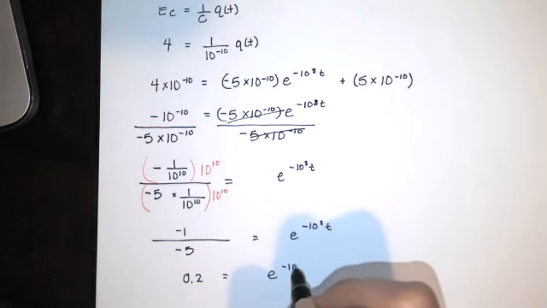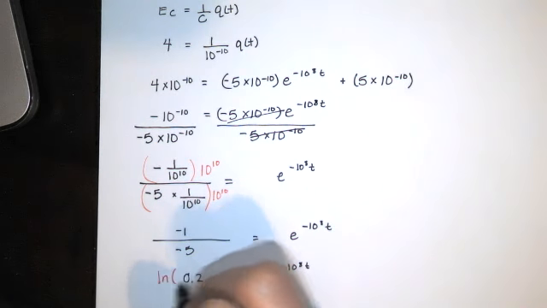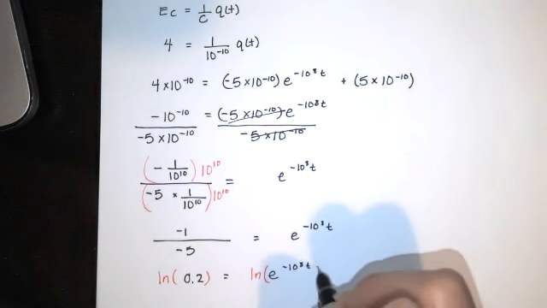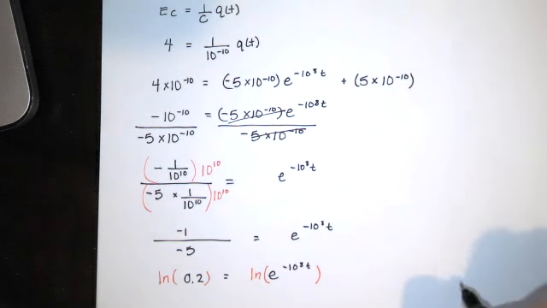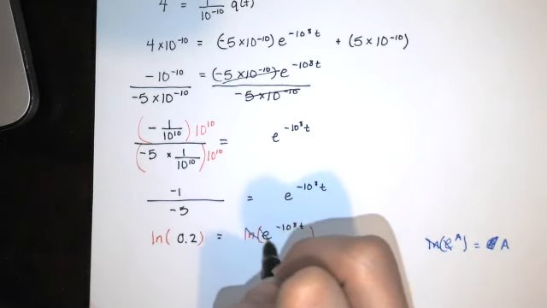And we're trying to get t by itself. So to get rid of the exponential, we'll take the logarithm of both sides, because to undo exponentials, we use logarithms. Those two functions undo each other, and we would just get the exponent back.